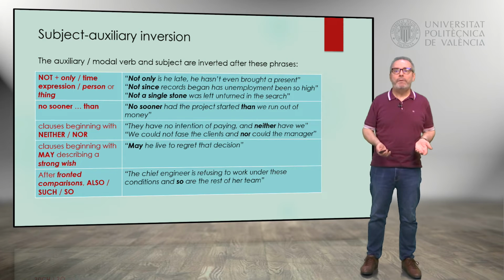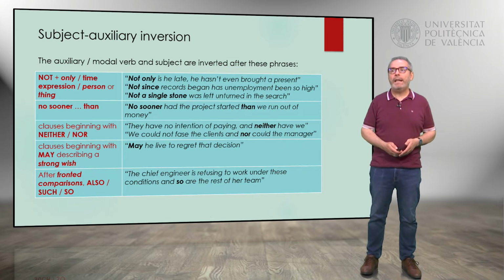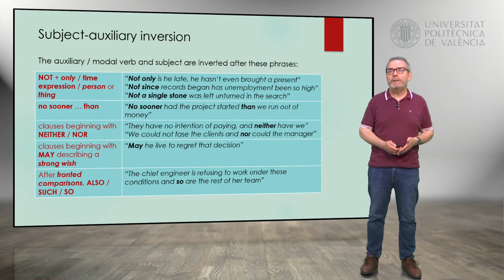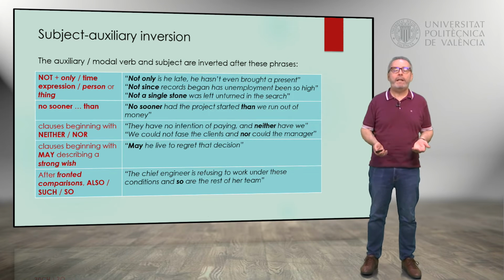Or clauses beginning with neither or nor. They have no intention of paying, and neither have we. Or we could not face the client, and nor could the manager. Other structures are clauses beginning with may, describing a wish, which is very strong, and this is not a very common use.